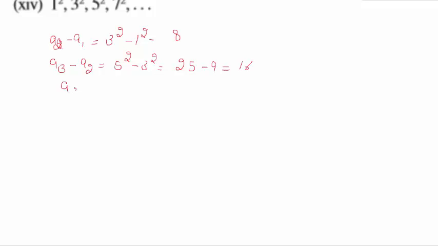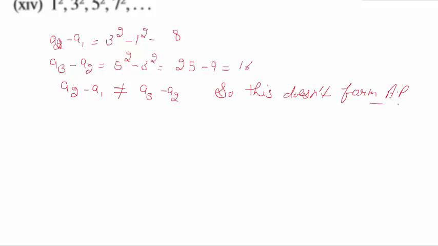So the common difference is not the same. So A2 minus A1 does not equal A3 minus A2, and this does not form an AP.